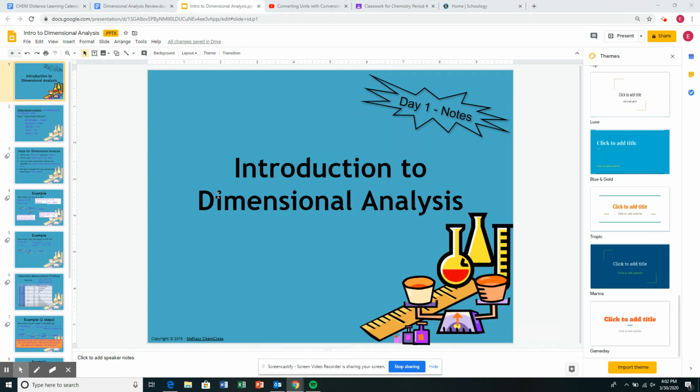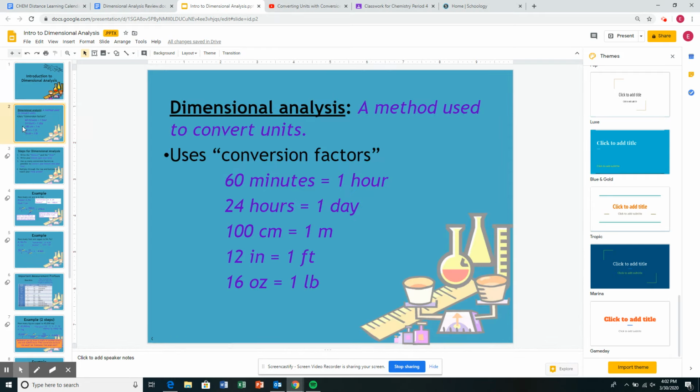So we learned about dimensional analysis actually at the beginning of the year. And dimensional analysis is a method that is used to convert units. So if we are thinking about these different amounts right here, the stuff that I'm highlighting, these amounts need to be converted between units.